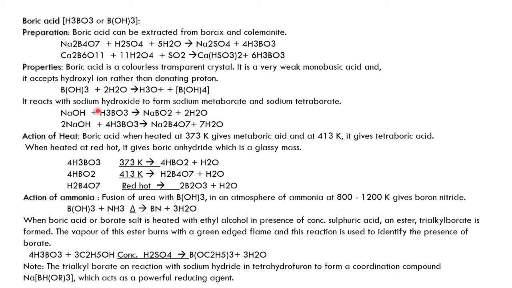Then it reacts with sodium hydroxide to form sodium metaborate, meta meaning one boron. With 1 mole of sodium hydroxide it forms metaborate. With 2 moles of sodium hydroxide it forms sodium tetraborate, tetra meaning 4 borons.